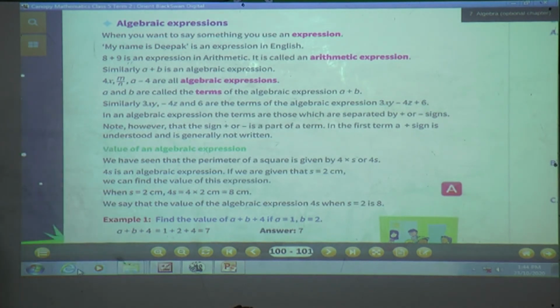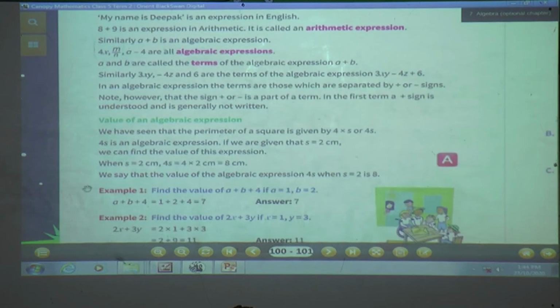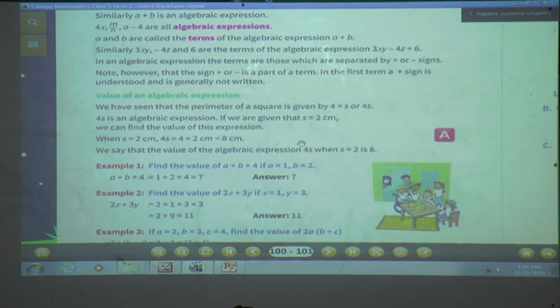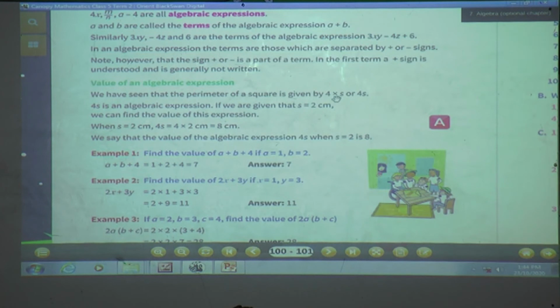Okay. Now value of an algebraic expression. Here we have seen that the perimeter of a square is given by 4s. Here 4 multiplied by s, or 4s. 4s is an algebraic expression.